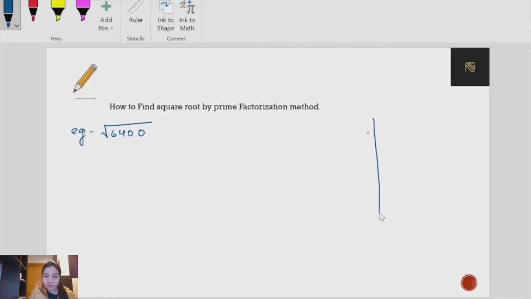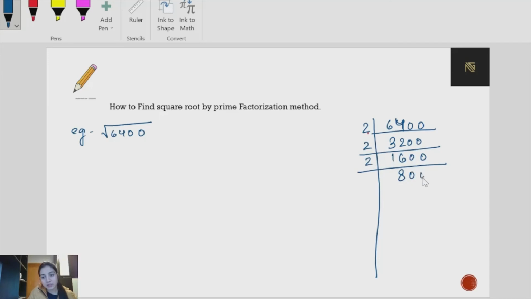So we will do factorization of the 6400 by using the prime numbers. Clear? So 2 times 3200, then again 1600, 2 times 800. So what I am doing?